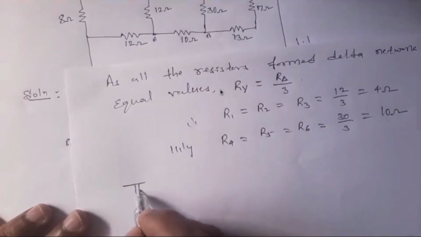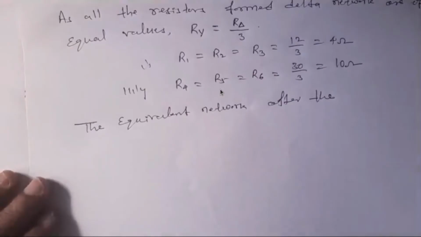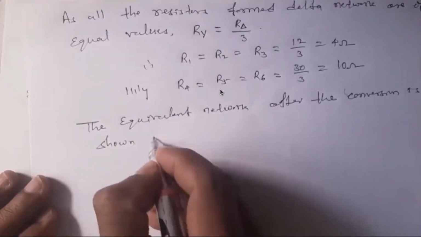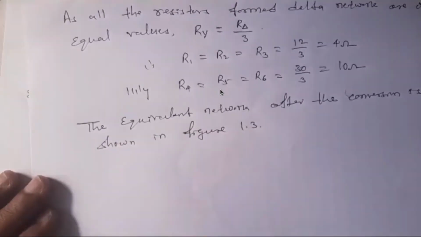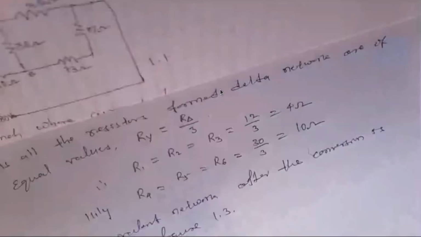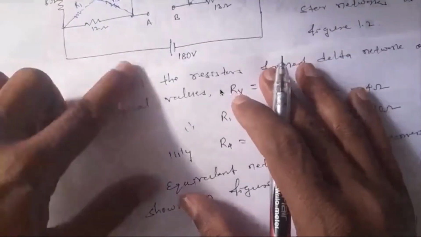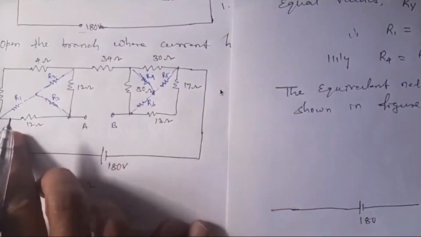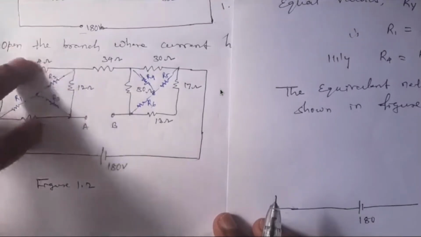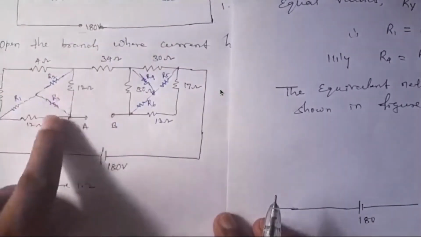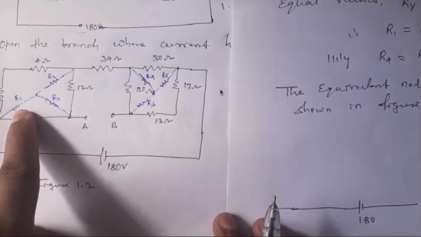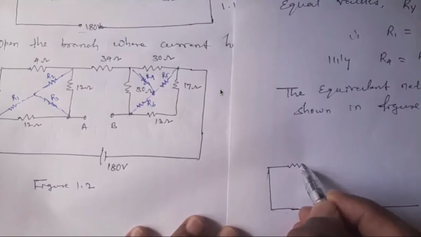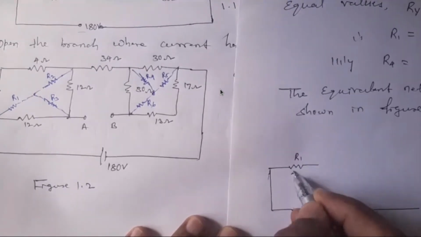Here I'll write that the equivalent network after the conversion is shown in figure, say for example 1.3. Here I'll draw it. Look, dear students, this 180 I'll keep as it is, and now if you see, all these resistances will be removed, and here you have R1 connected directly, which is 4 ohm.